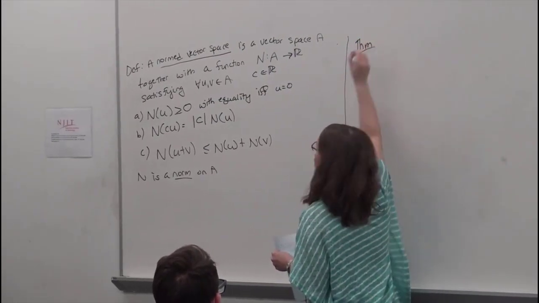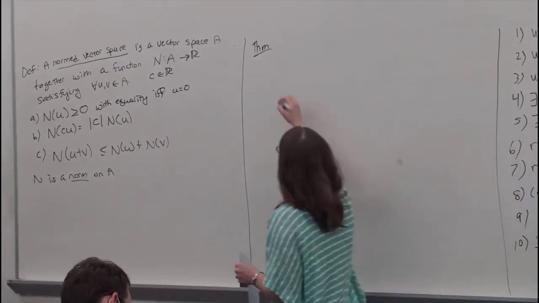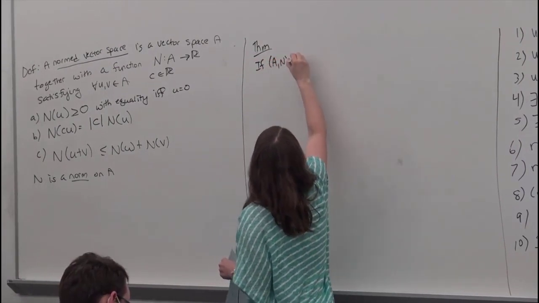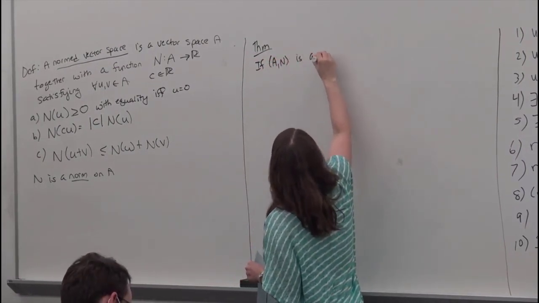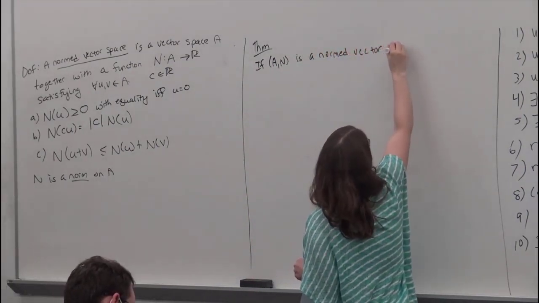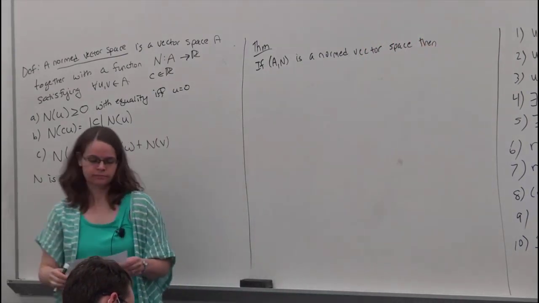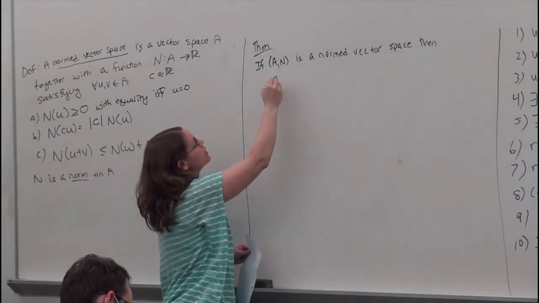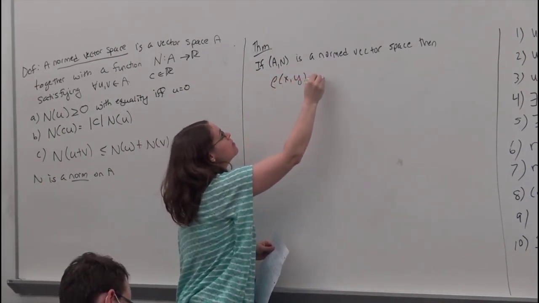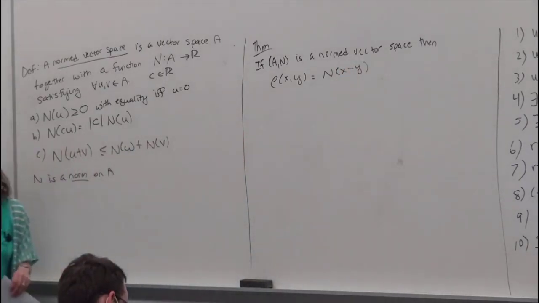So this is a little theorem that is not hard to prove. If A and N form a normed vector space, then we can define this metric by the norm of x minus y, and this is indeed a metric.